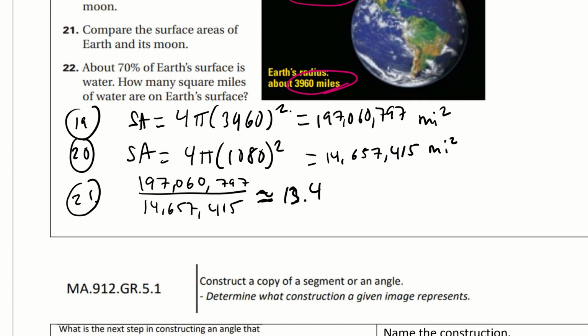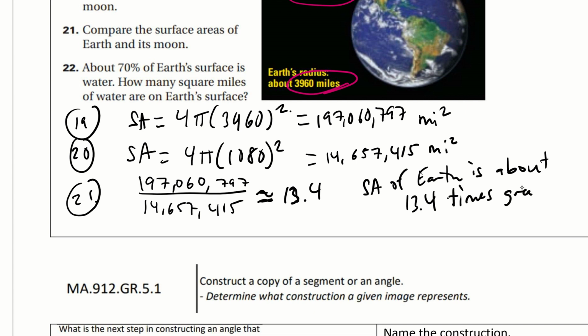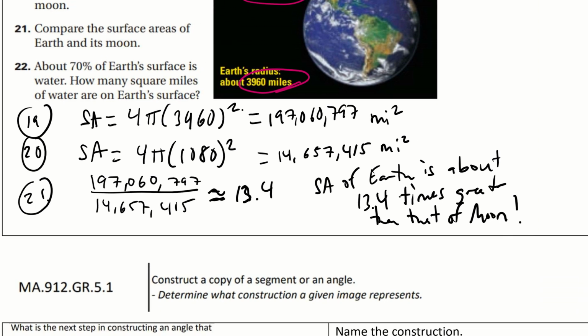So we get that the surface area of the Earth is about 13.4 times greater than that of the moon. Okay? Way bigger. However, remember that most of the Earth is ocean.